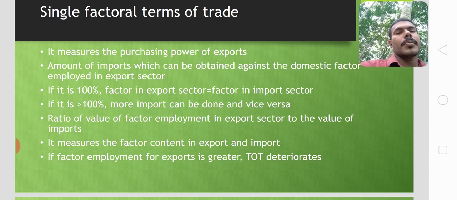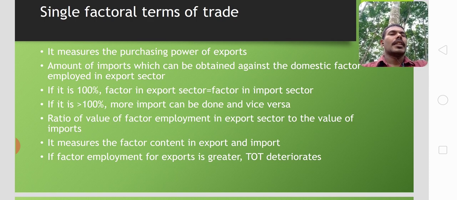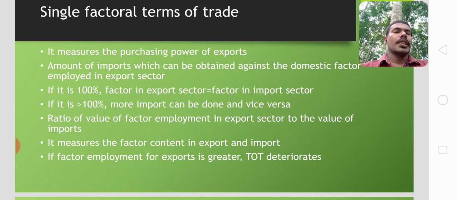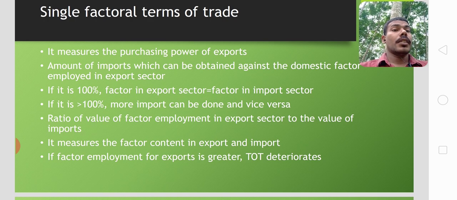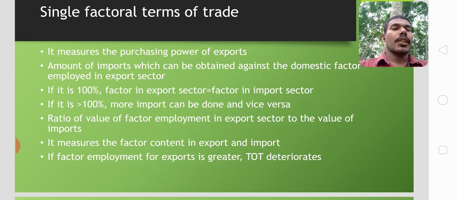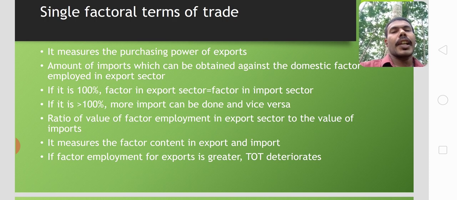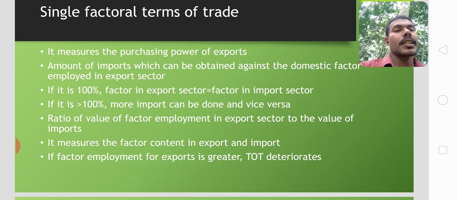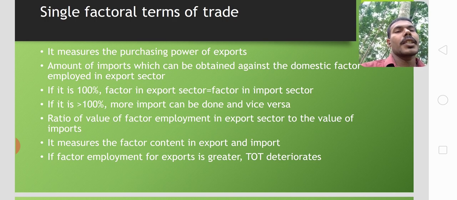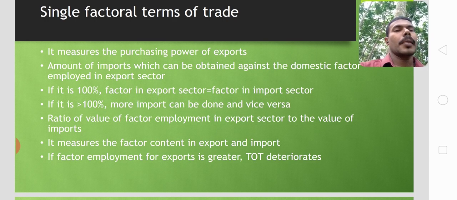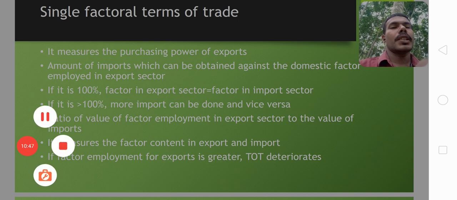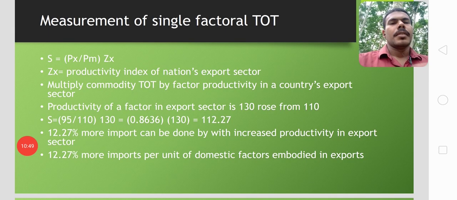So it measures the factor content in the export sector, not import. If the factor employment in export is greater, that means more factors are required to import. That means the terms of trade is not better off, it is worse off, it is deteriorated.